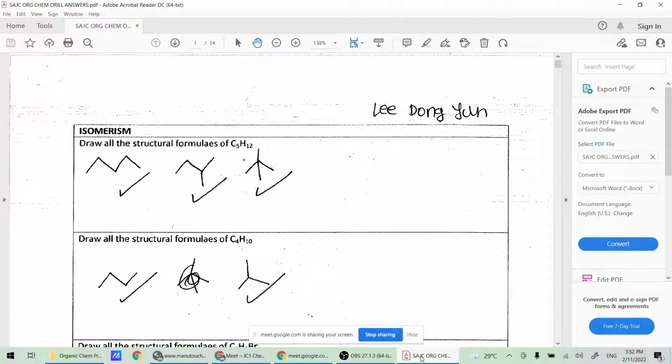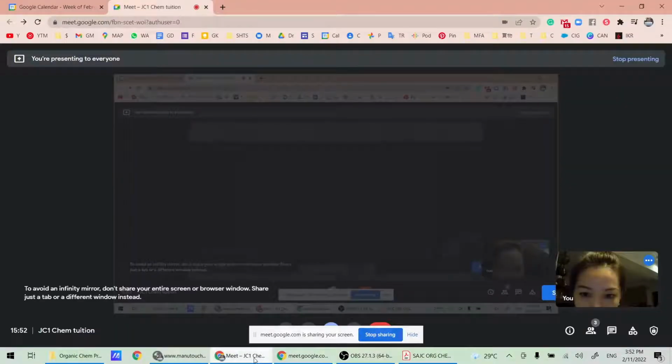Okay, so let's look at this. We will have to draw the structural formula. For the first three, there are three options. Just check that there are three options for C5H10. Sorry, some technical loud time.